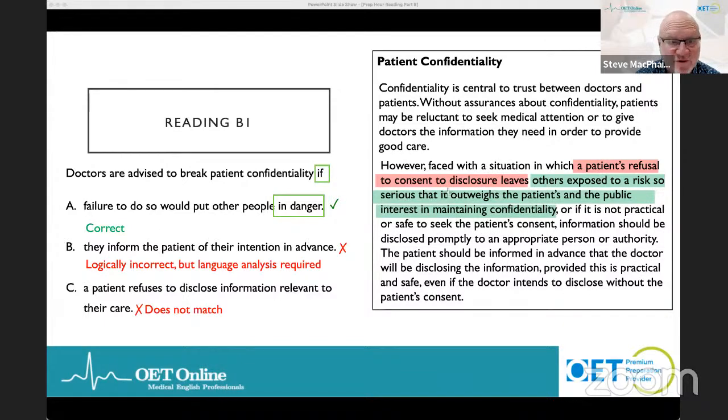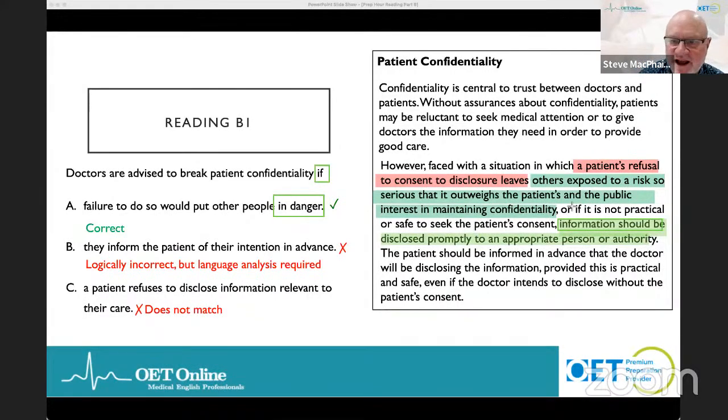A patient's refusal to consent or disclosure leaves others exposed to a risk so serious that it outweighs the patient's and the public's interest in maintaining confidentiality. Here it is: information should be disclosed promptly to an appropriate person.